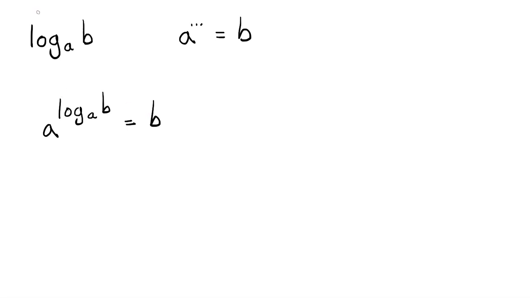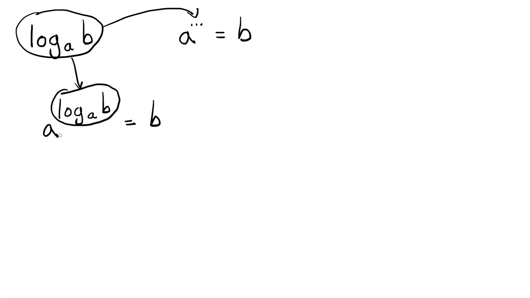Per definition, because this is the number I should put here to make this work. And now I have put it here. So a raised to the log a of b is equal to b. This is just the definition rewritten.